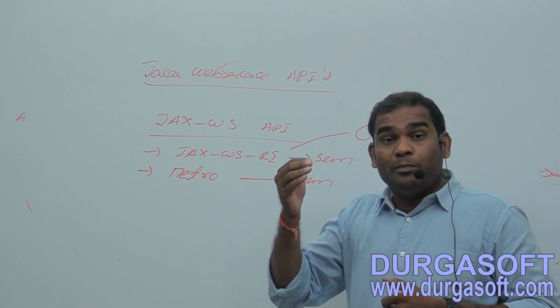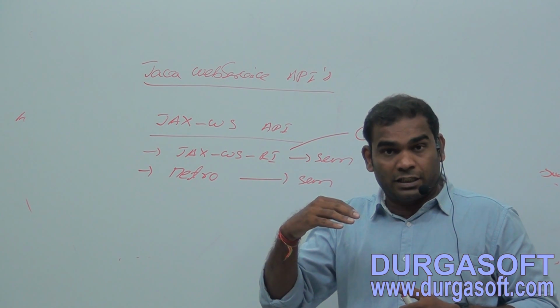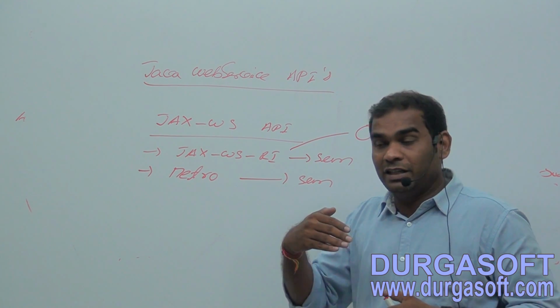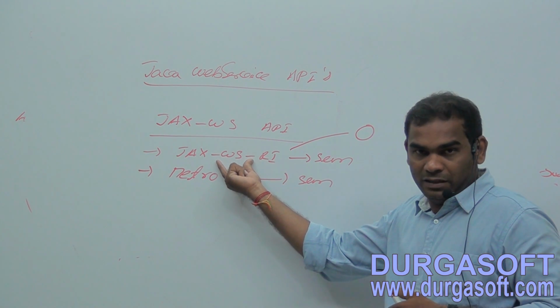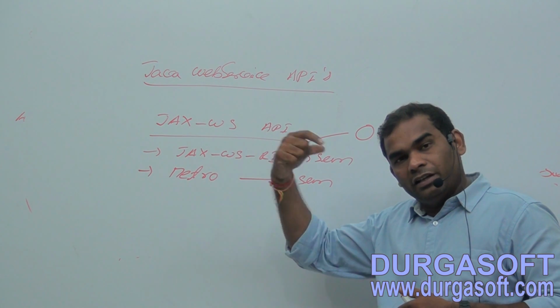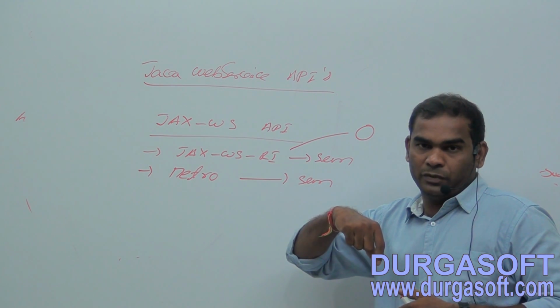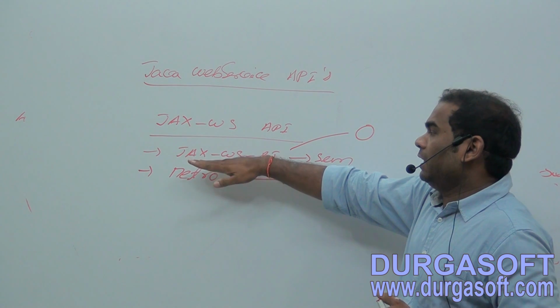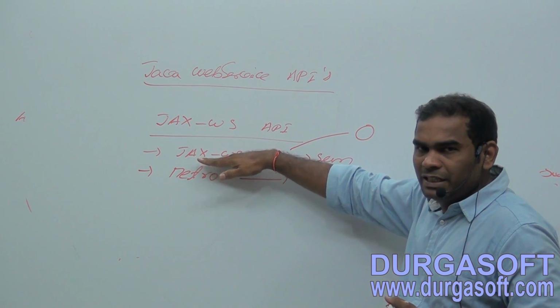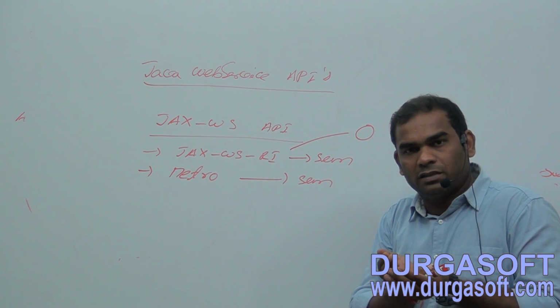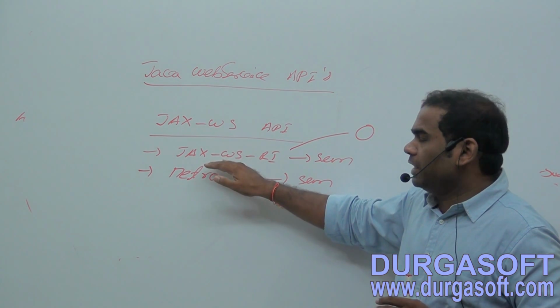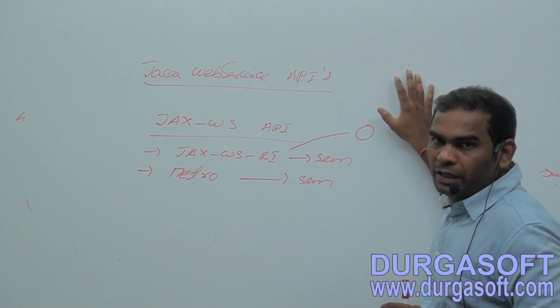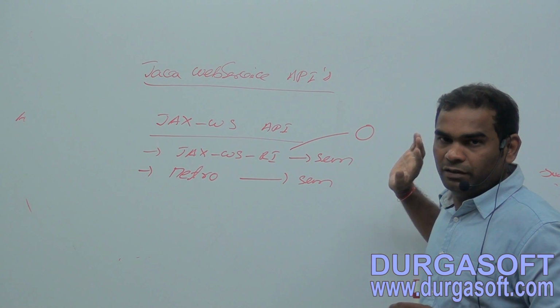But from JDK 1.6, they included these jar files, this API, along with the JDK 1.6. So you can directly use this implementation available in JDK 1.6, or you can also download it separately from the Java website.